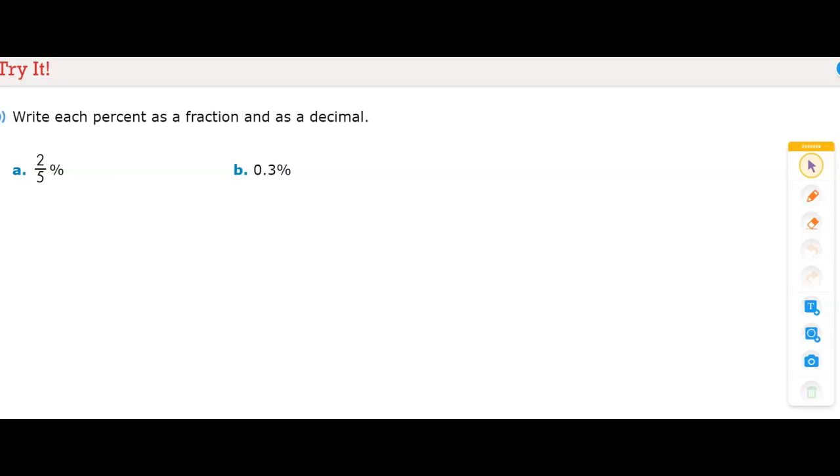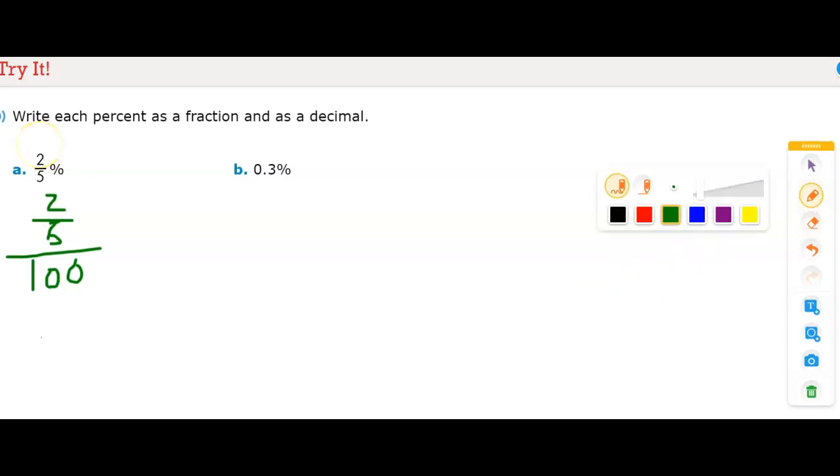So we have 2/5%. So 2/5% will be 2/5 over 100. And then you have to divide 2/5 into 100. We have a fraction, so we have to keep, change, reciprocal.